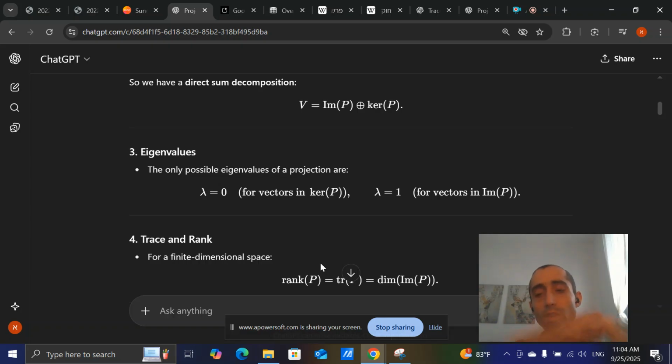Think about it. If I have a vector that is totally in the space that the projection matrix projects to, the projection matrix won't change it. Those are the vectors related to the eigenvalue 1.